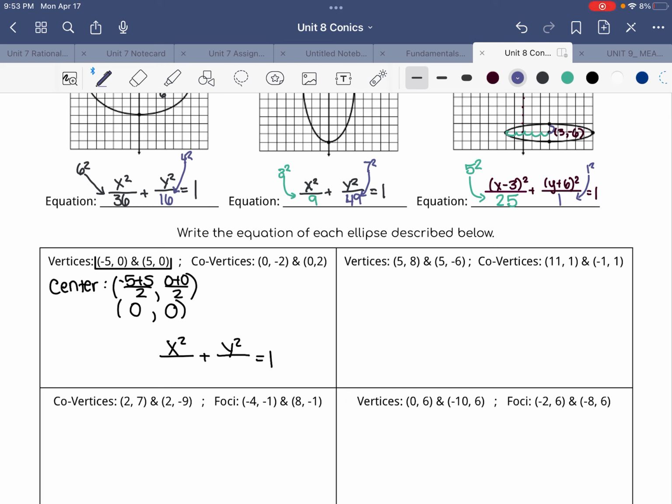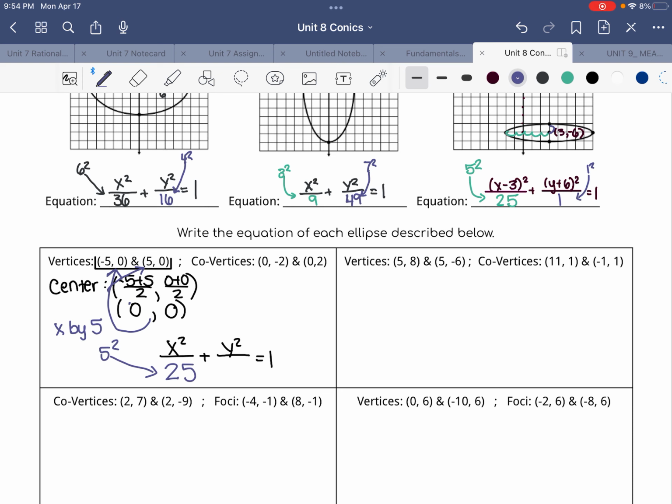The part you have to pay attention to is between my center and either one of my vertices, doesn't matter which one, which variable is changing. Hopefully you notice that x is changing by 5. You subtract 5 to get the -5. You add 5 to get +5. So 5 squared is going to go underneath the x part of the fraction.